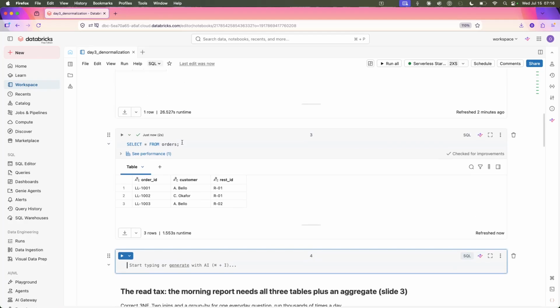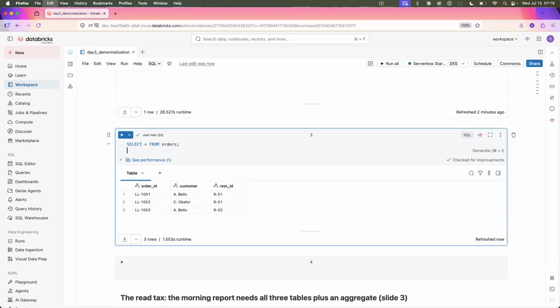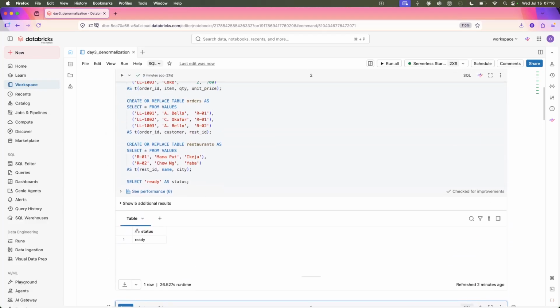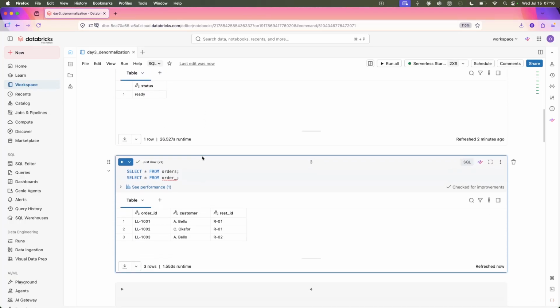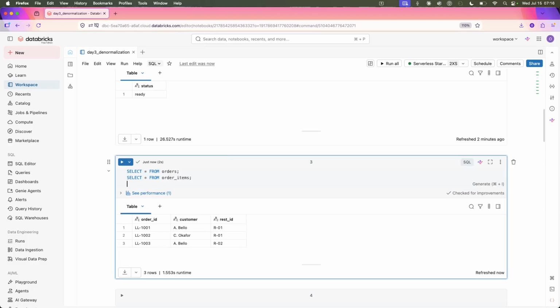Oh, I think we can actually do this and other items, right? Items, and we can do restaurants, right?